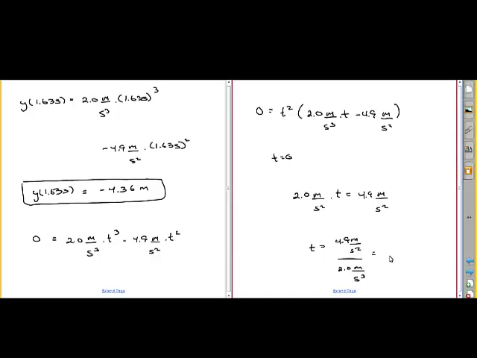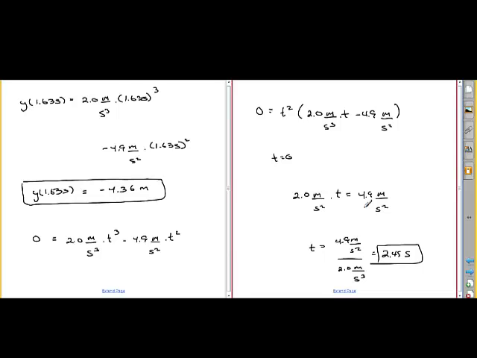And we can get actually 2.45 seconds. And again, that makes sense because we went to the furthest distance y after 1.63 seconds. So it should be greater than that by the time we come back up through there.